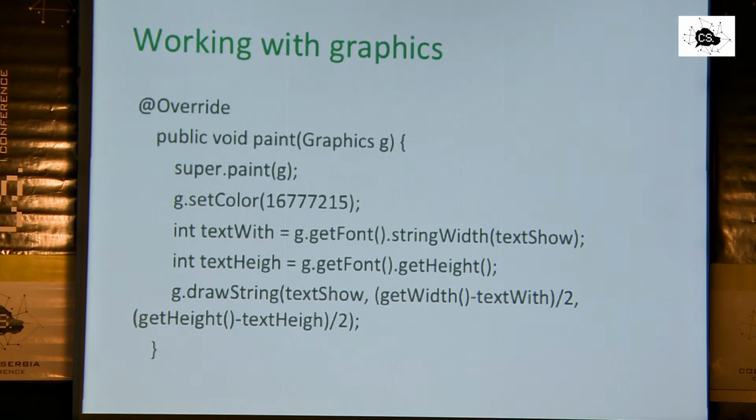I told you working with graphics is easy. Again, it looks like a Swing application. You override paint. You get graphics. You can set color, get font, draw string, do the same thing you use with Swing.